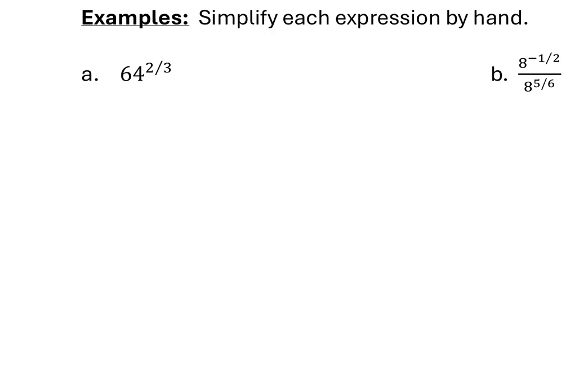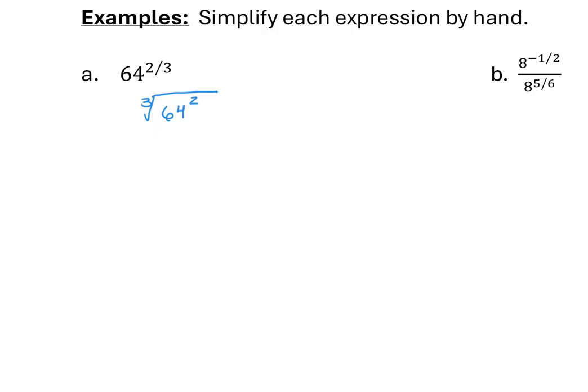We're going to go ahead and convert to roots. We should be doing all of these by hand. If we convert this to a root, the numerator of my exponent stays an exponent, and the denominator becomes the type of root. So this is going to be the cube root of 64 squared.